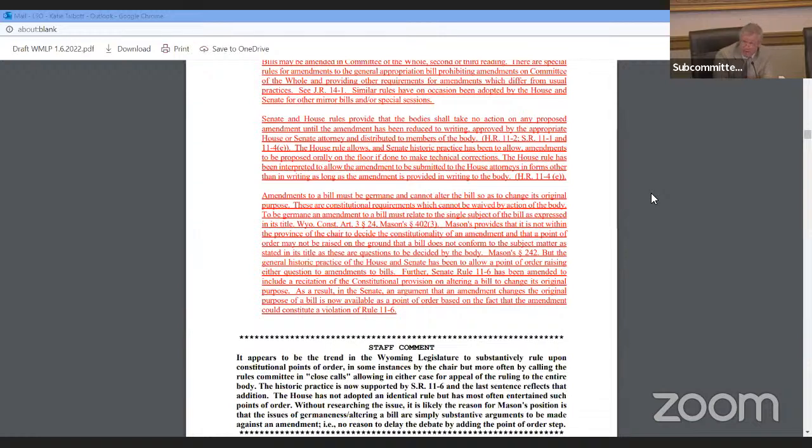Again, we're inserting practice and precedent here, and the House has been a little bit more liberal than the Senate. If you get out on the House floor and you see that, oh, we missed this word, we should have had this word, we have the wrong page and line numbers, the House allows oral amendments, even though you have a rule that says amendments have to be reduced to writing. And the House is a little bit more liberal than that, and we put that practice in the manual.